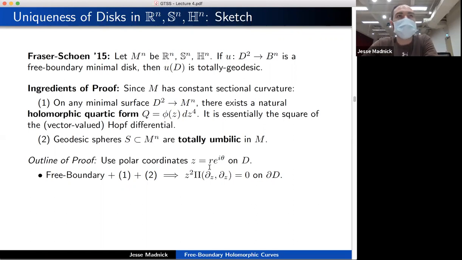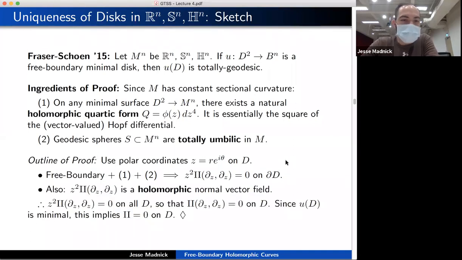It's partial x minus i partial y, and you take 1/2 of that. So this quantity is 0 on the boundary, and it turns out also that this quantity in and of itself is a holomorphic normal vector field. So if you have a holomorphic object that vanishes on the boundary, then it must vanish everywhere. So the second fundamental form of partial z must be 0.